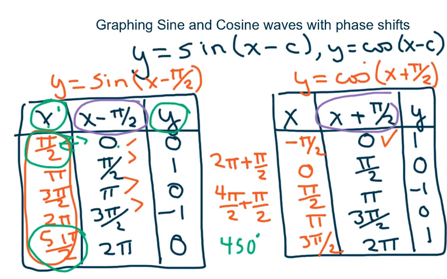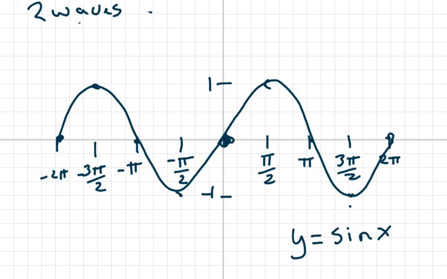All right, so let's go and graph it. I already graphed the sine wave, and we only made a table for one wave. So basically it means I'm starting at pi over 2. I'm putting my 0 here, and then I'm going to draw my dots.